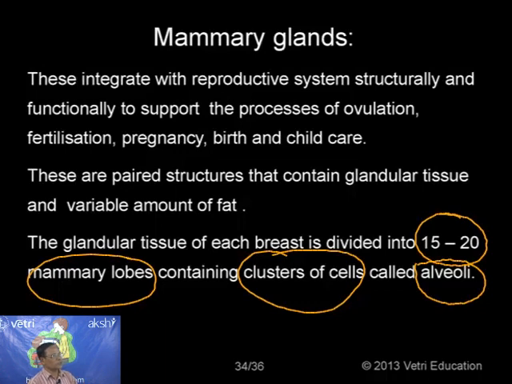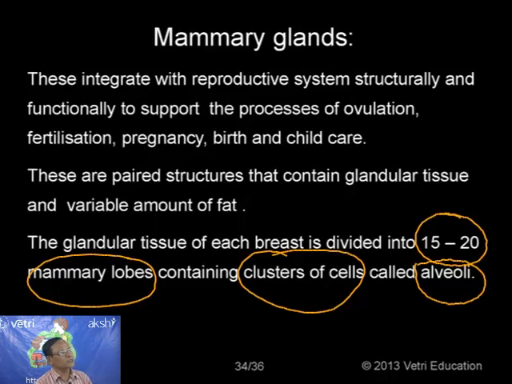That means the secretions are released by budding of the membrane of the cell without any damage to the cell. The cell secretes by budding of its apical portion without any damage to the cell. So that is one type of gland in terms of its function, apocrine.